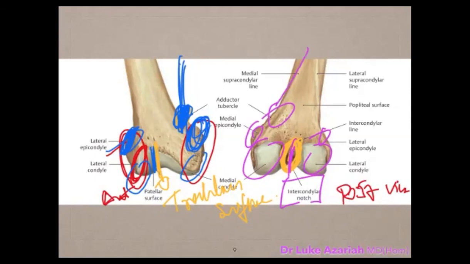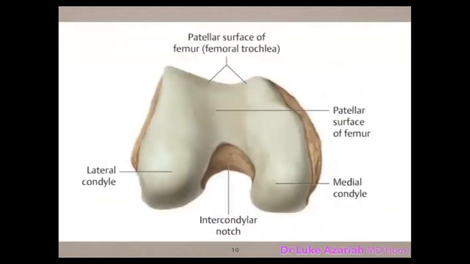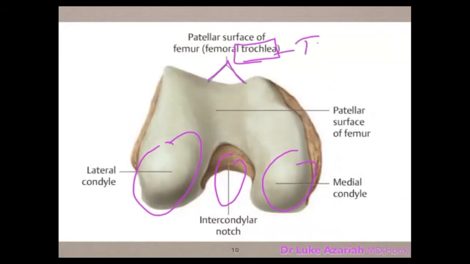These are the medial and lateral supracondylar lines. Lateral condyle, medial condyle, intercondylar notch, and trochlea. Trochlear surface.